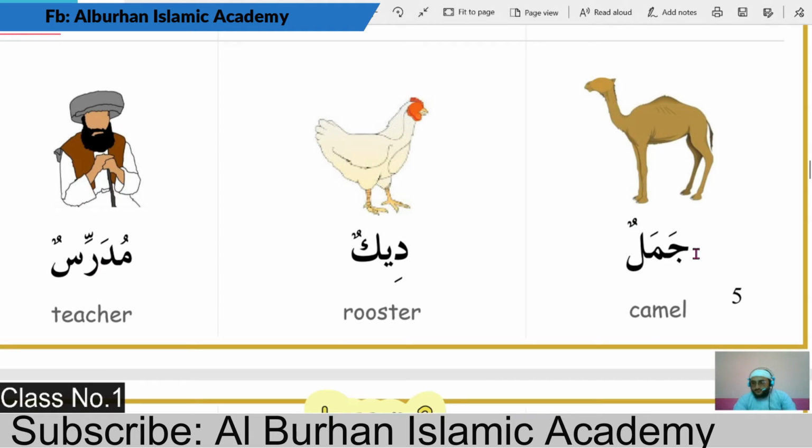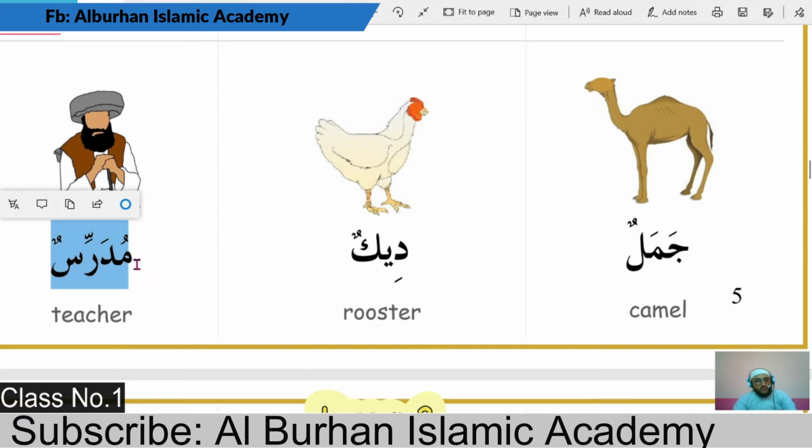Next, جمل. جمل used for camel. Next, ديك. ديك used for rooster.